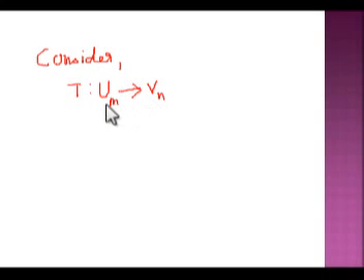These are two vector spaces over the field, which can be real or complex. So the linear transformation is from a vector space U of dimension m over the field F, to V, which is also an n-dimensional vector space over the field F, real or complex.